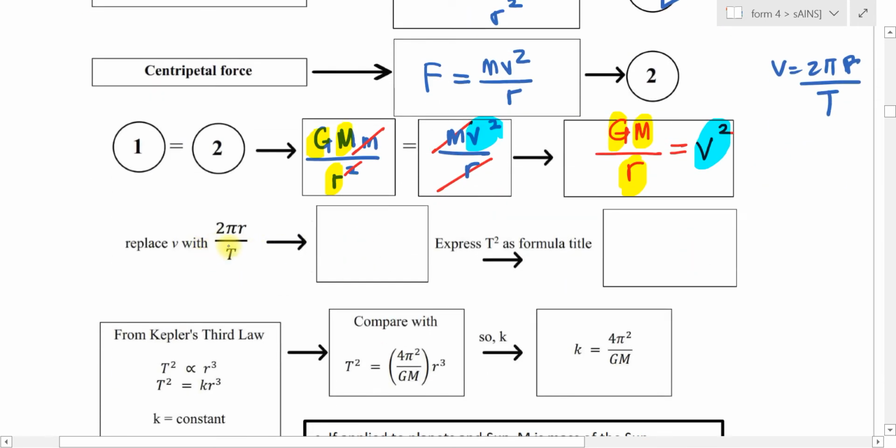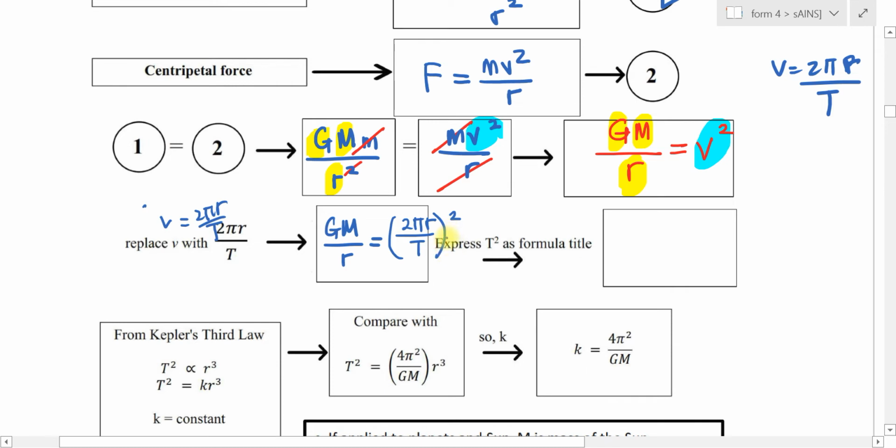Replace V with the 2 pi R over T. Maksudnya G M over R is actually equal to 2 pi R over T square. Okay, let me write it properly. Sebab V is equal to 2 pi R over T kita ganti dia. Ganti V tu.